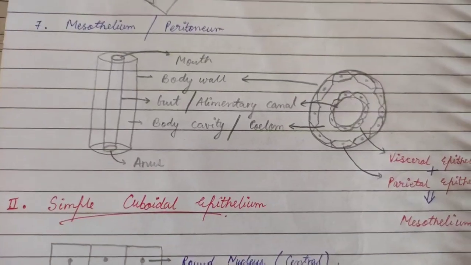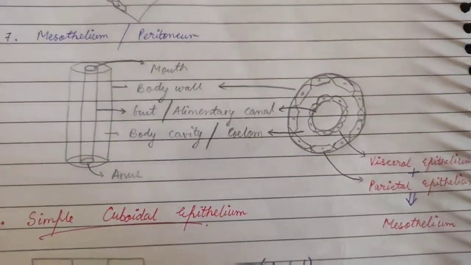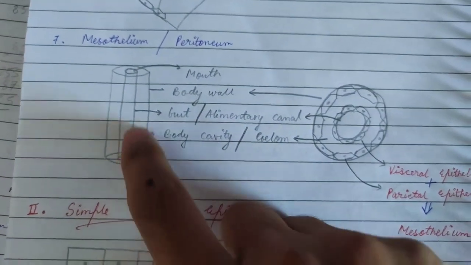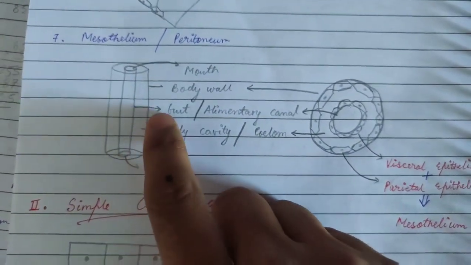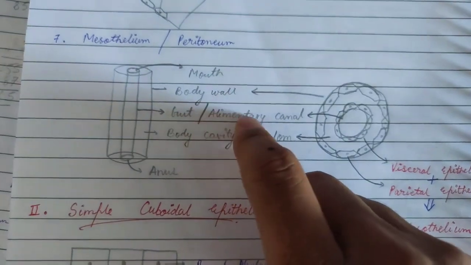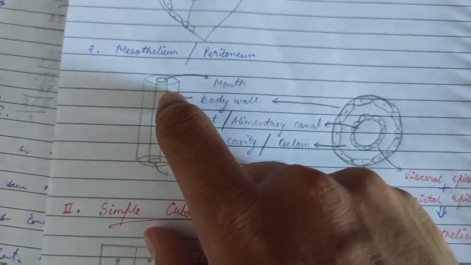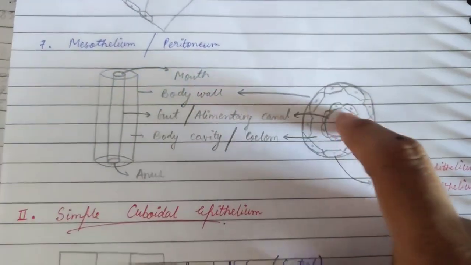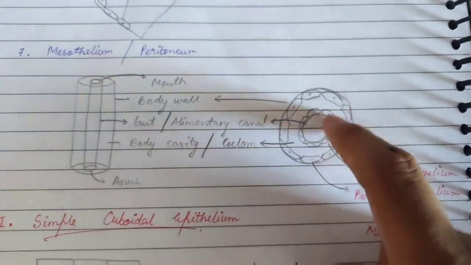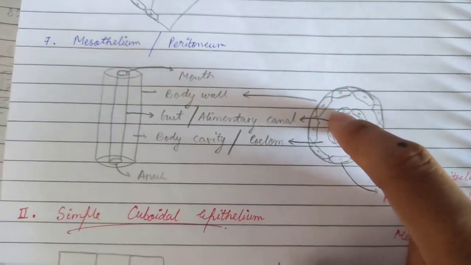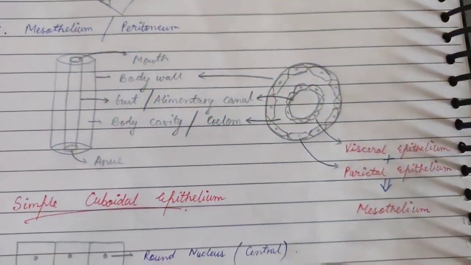Now next comes mesothelium or peritoneum. See, this is our body basically, this is the mouth and this is the anus. The pathway from mouth to anus is also known as gut or alimentary canal. Now we are going to take a cut and look through its dissection. So we will get the structure like this. Here and here, both of these areas are simple squamous epithelium.